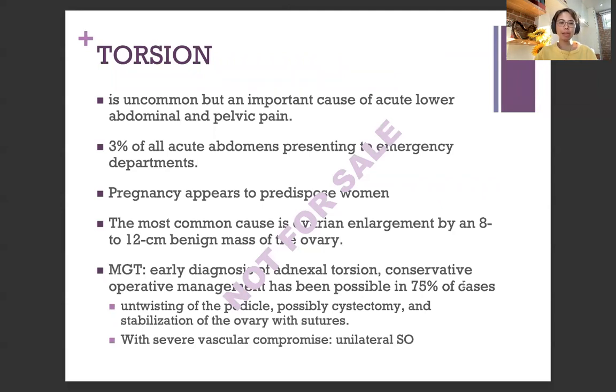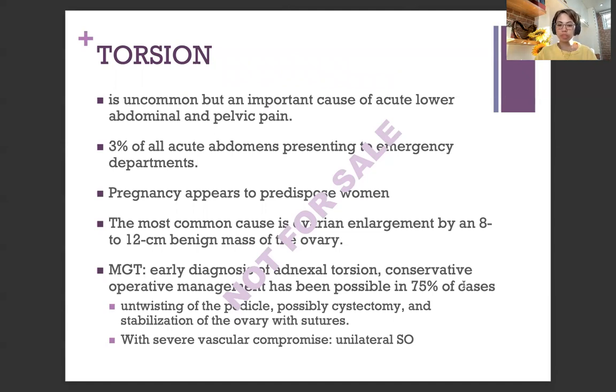Well, pregnancy can be a predisposing condition, and the most common cause of ovarian enlargement by 8 to 12 centimeters is a benign mass of the ovary. Well, if early diagnosis of adnexal torsion, operative management in 75% of cases, untwisting, and then cystectomy, as I said.